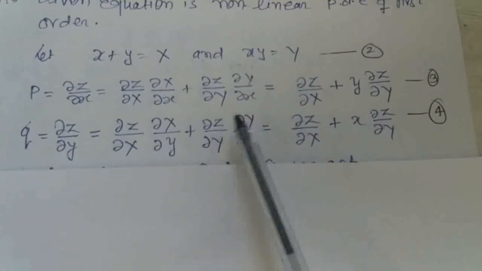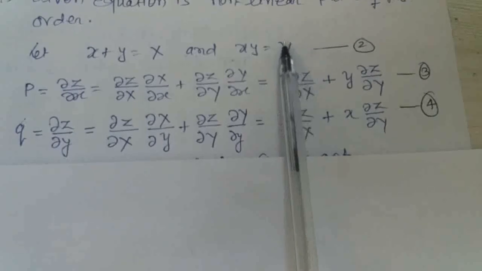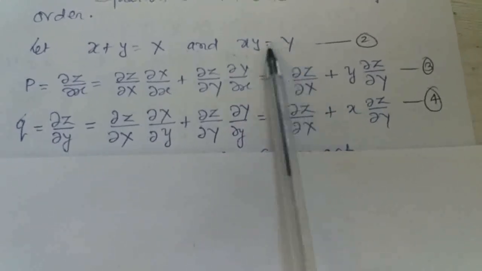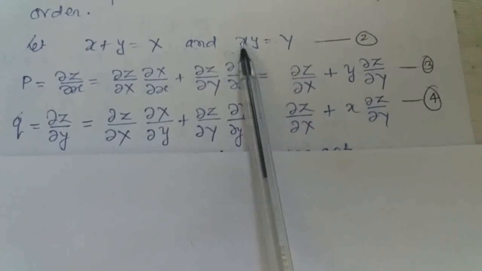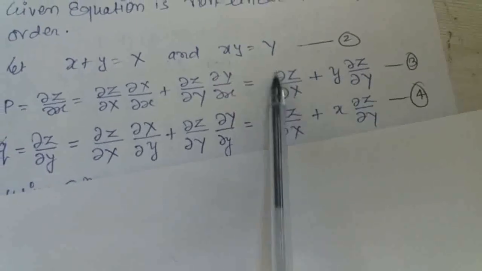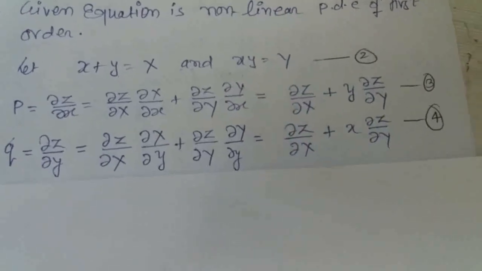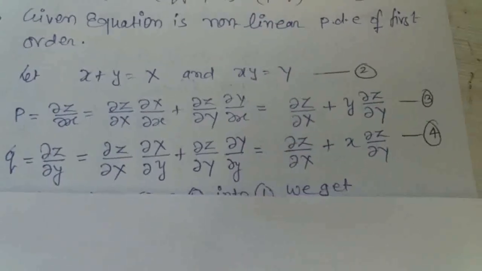Now for del capital Y by del y, we differentiate with respect to small y partially: the derivative of small y is 1 and x is constant, so x equals del capital Y by del small y. So these are the values of p and q.